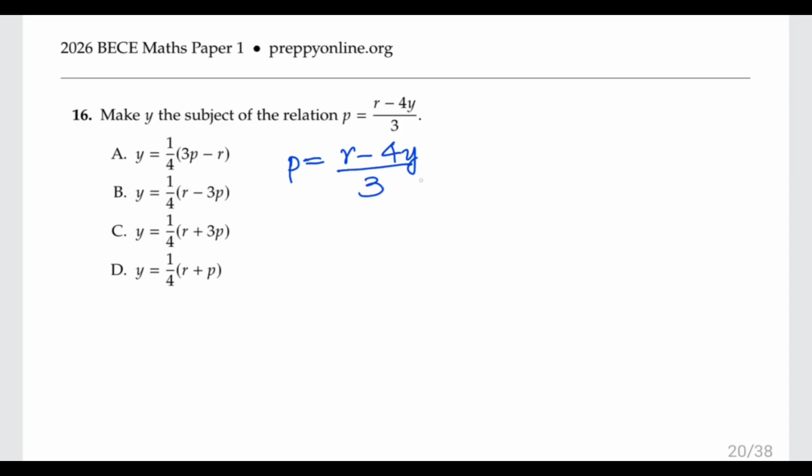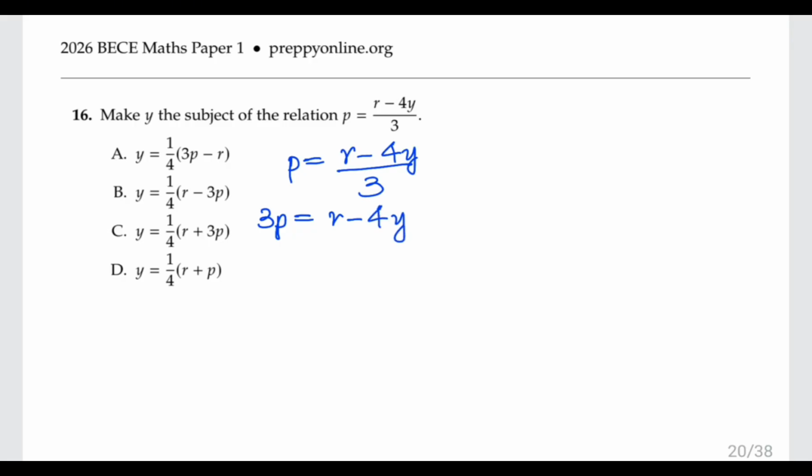Okay, so y is hiding here, and we want y to stand alone. So what do we do? Well, we can multiply both sides by 3 to start with. If we do that, we get 3p equals r minus 4y.